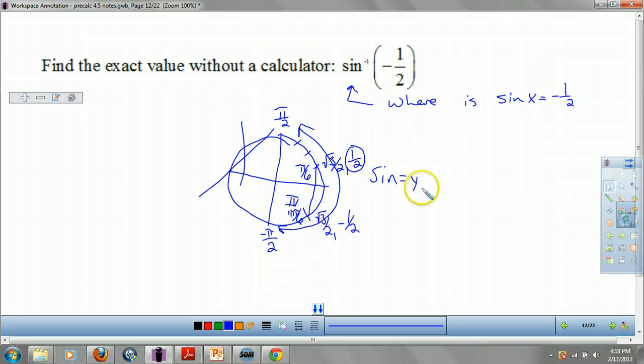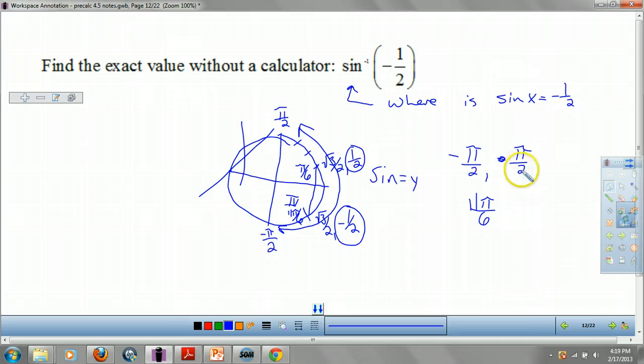So where's my sine equal -1/2? Well, you might be saying it's 11 pi/6, Mr. Twilliger. But now it has to be between -pi/2 and +pi/2. Why? Because that's the way we're doing it for right now.